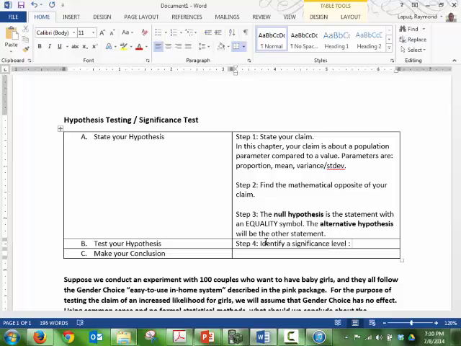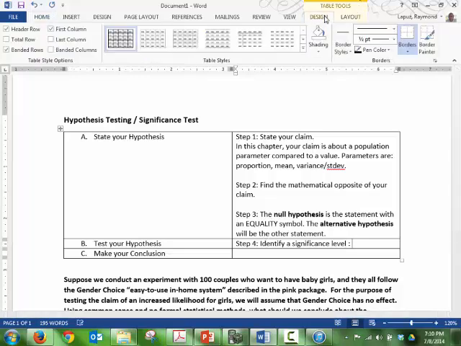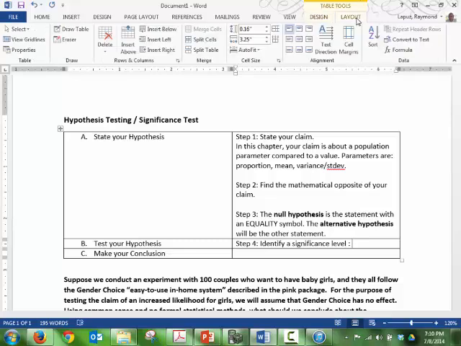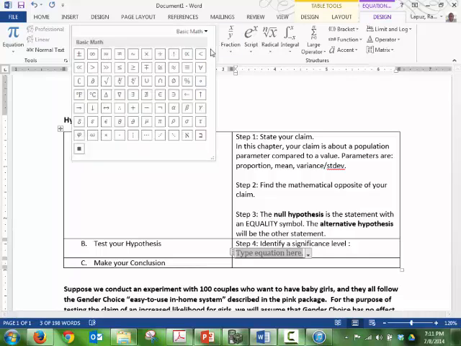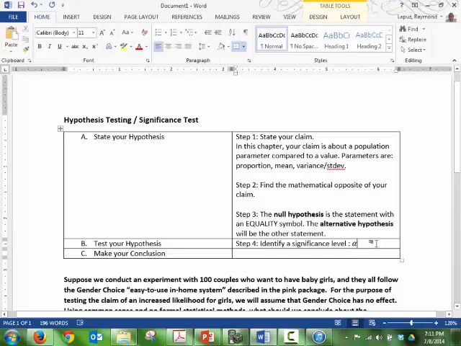And sometimes that significance level is given to you. And that significance level, all the time, is called alpha. You guys are familiar with alpha, right? We did talk about this already.